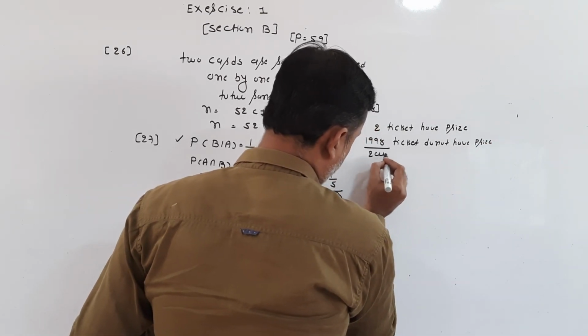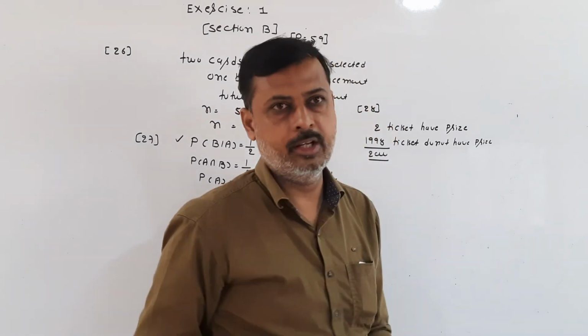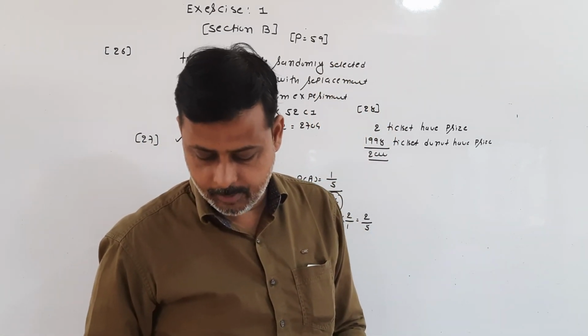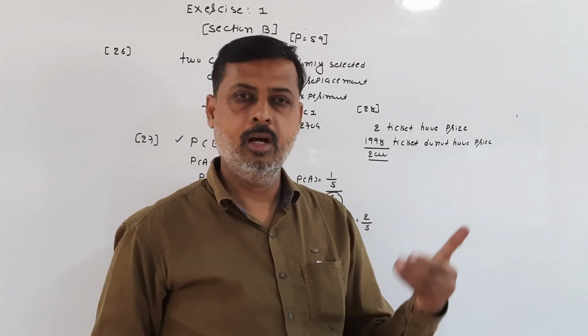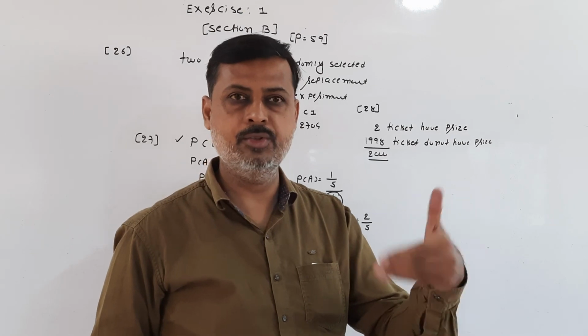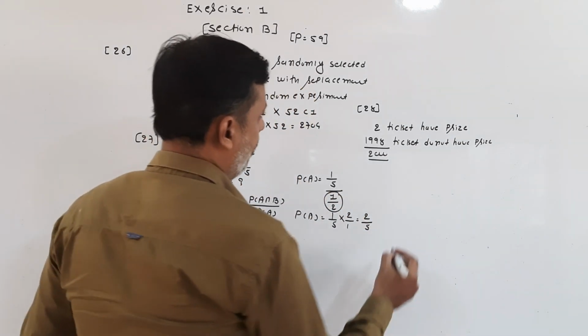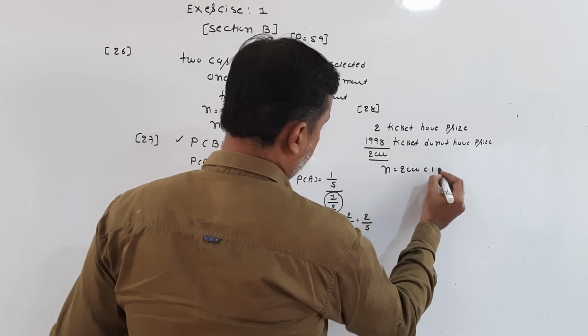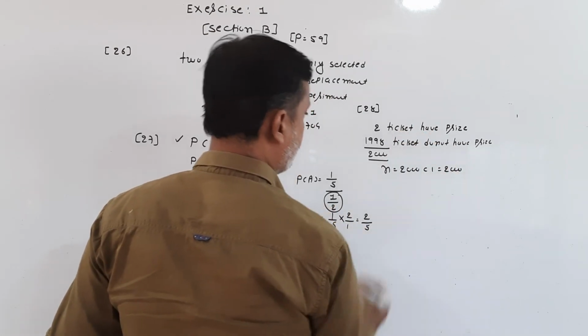So we have 2000 tickets, and if a person randomly selects one ticket, out of 2000 one ticket is randomly selected, that is 2000C1. So n is equal to 2000C1, that is 2000.